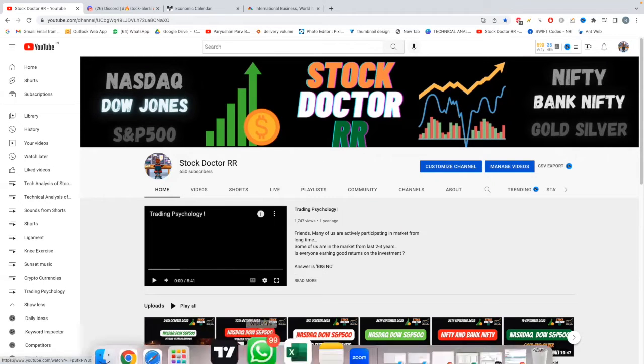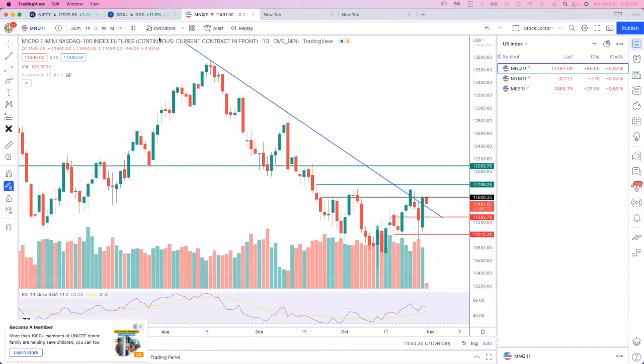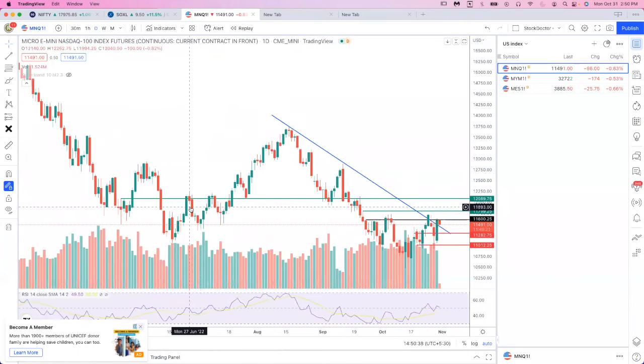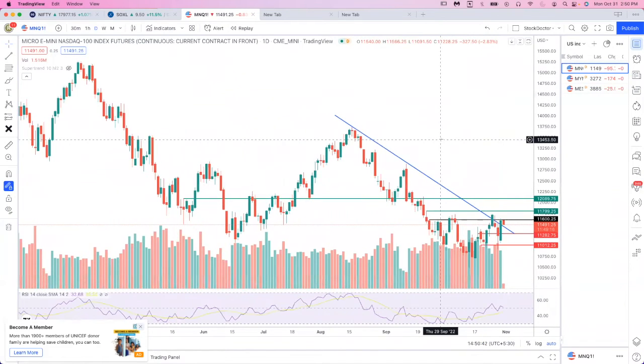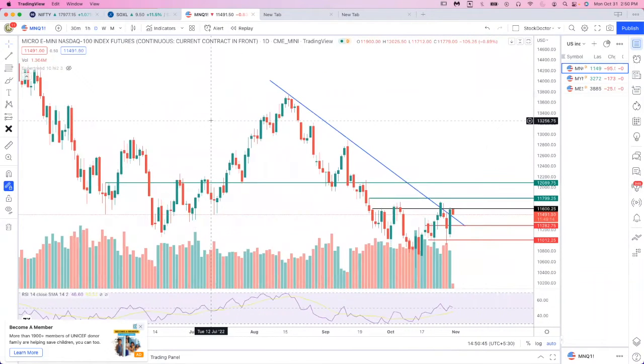Let's go to TradingView. So if you see here, this is the day chart of Nasdaq 100, and you can see we were in a downtrend, and after hitting the downtrend, there is a trend reversal that came. This part I am talking about.